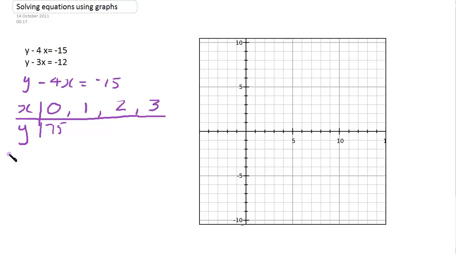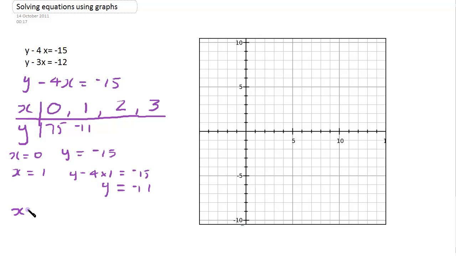So let's just write these x values down right here. X equals 0, you get y equals minus 15. X equals 1, we get y minus 4 times 1 equals minus 15. And if you rearrange that, you can see that y equals minus 11. So let's put that one in.